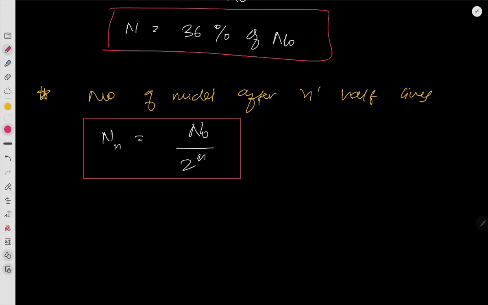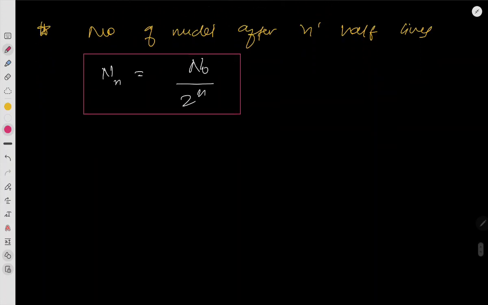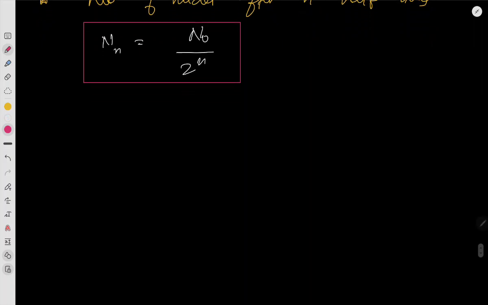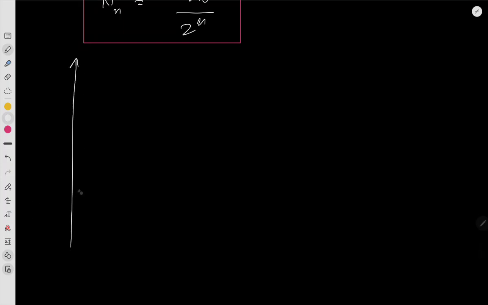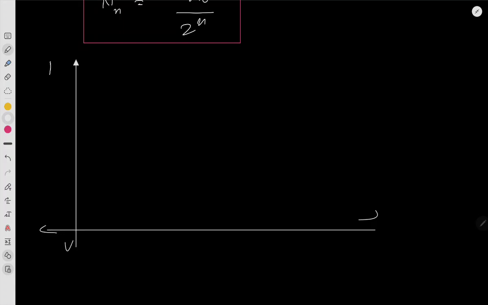Now if we start to plot the graph, then the graph goes something like this. Here is our N, and here is our t.